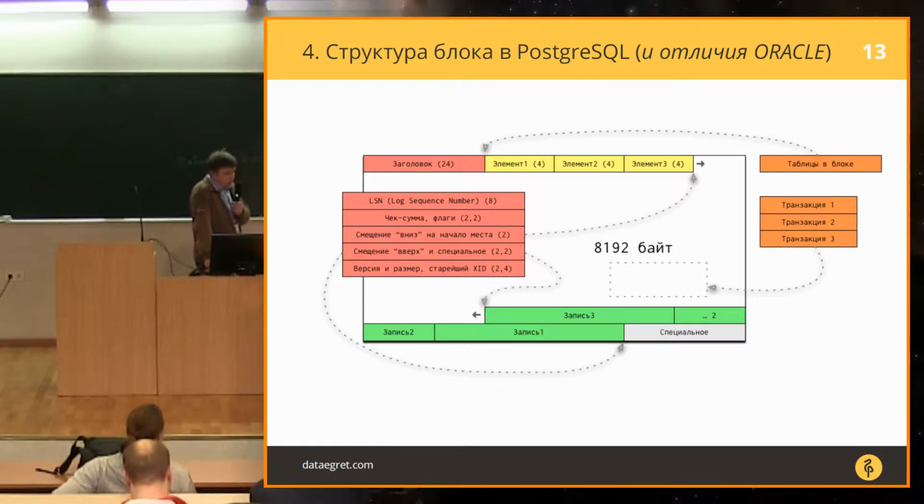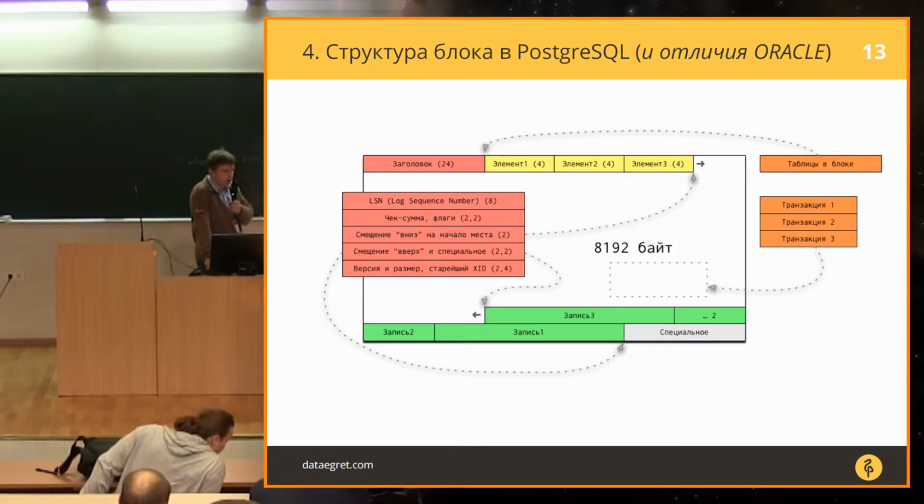So the header is in the beginning of the block. In yellow you can see the table with entries, and the empty space is always somewhere in the middle of the block. But in Oracle, in the free space, a table with transactions is also contained.